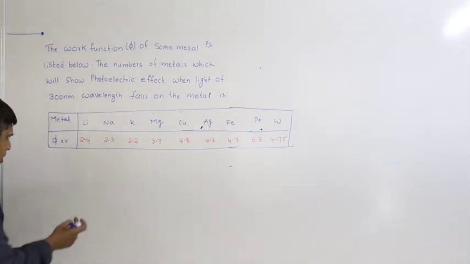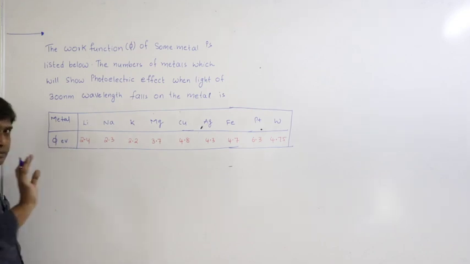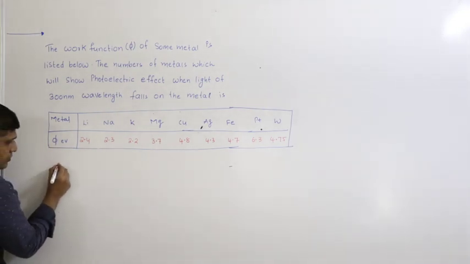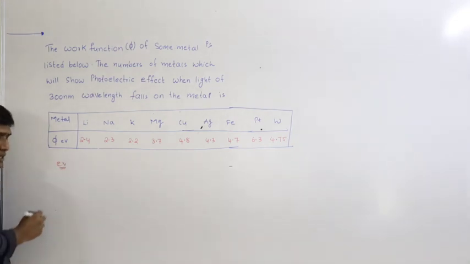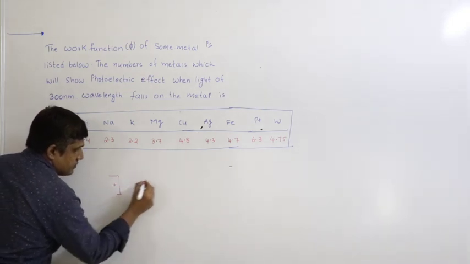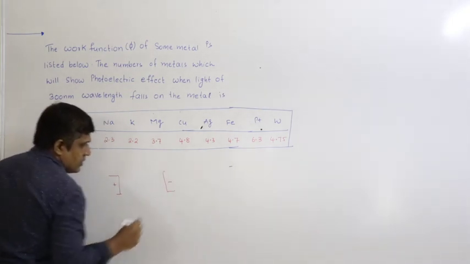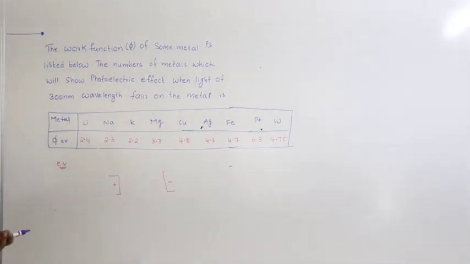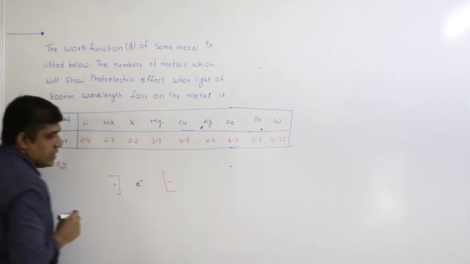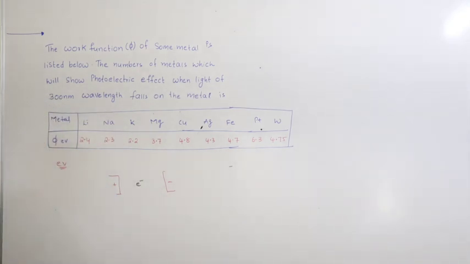So let us recollect. First, I would like to explain the meaning of electron volt, eV. It is the amount of energy gained when an electron is placed under a potential difference of 1 volt.